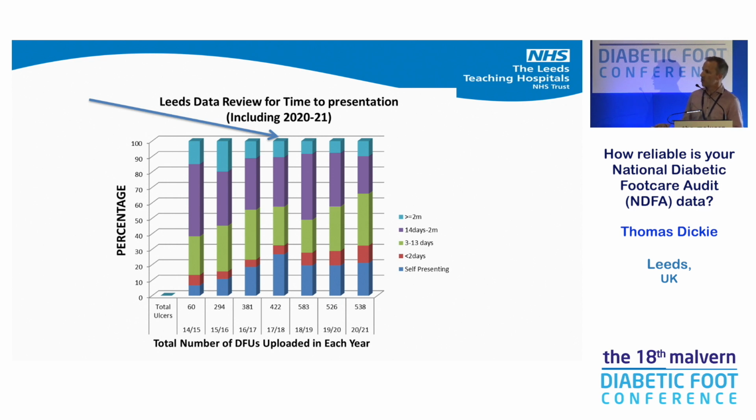However, we did see a change within that data set when we pulled it out from our own region. Yes, we've got better, because we're looking at this purple and blue line to say if they're in that zone, then they come out with worse outcomes. We don't know why there's a dip here where we've got a huge proportion of patients with delayed treatment, because the Foot Protection Service was in place then. We don't really know from that point of view.